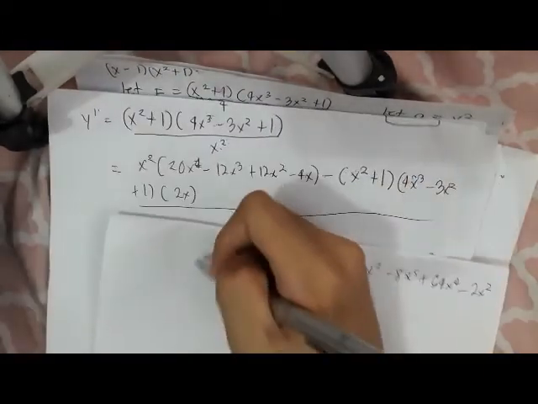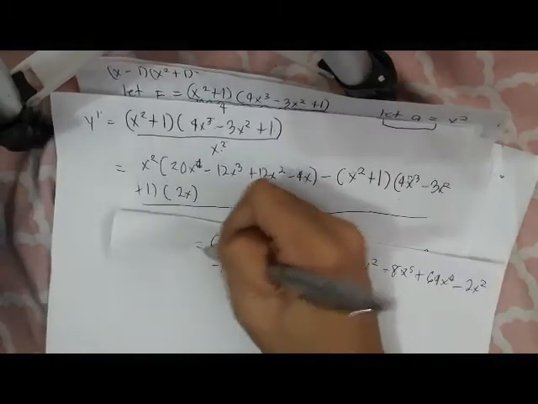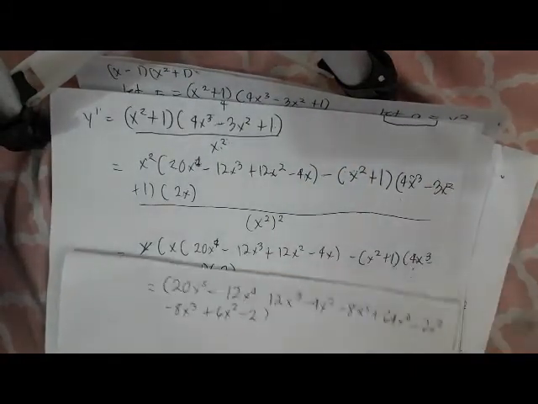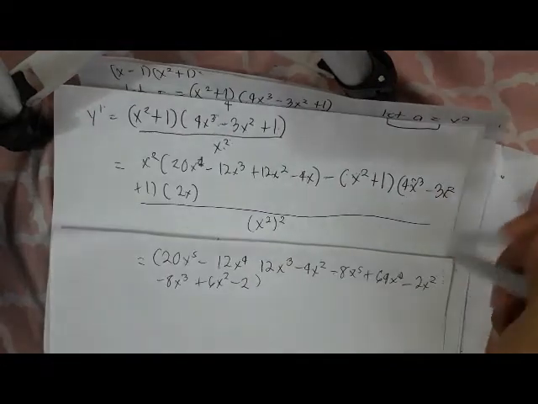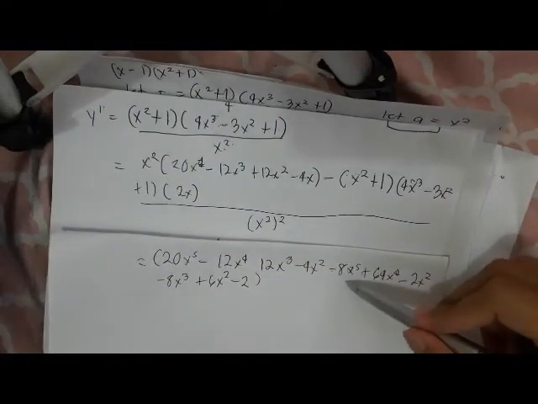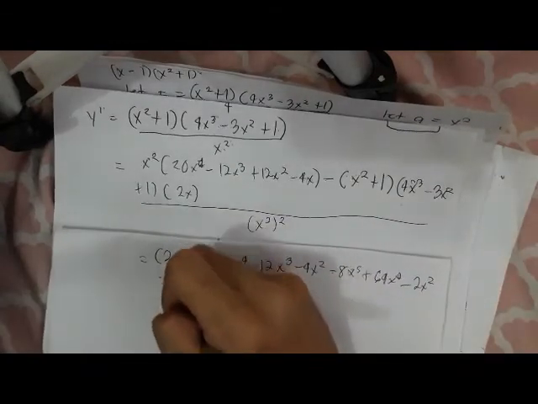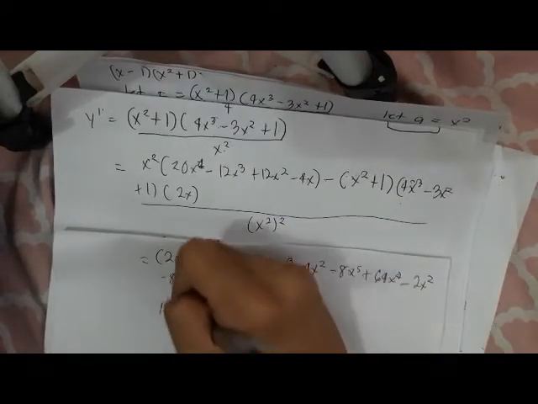So simplify this. I-simplify natin or i-add like terms. Fifth power, which is negative 8 minus, so 20 equals 12x5.